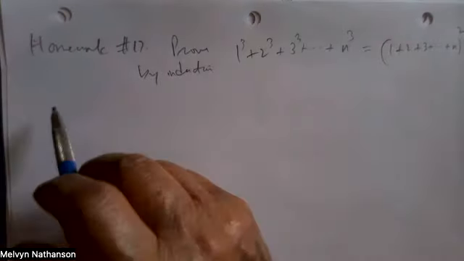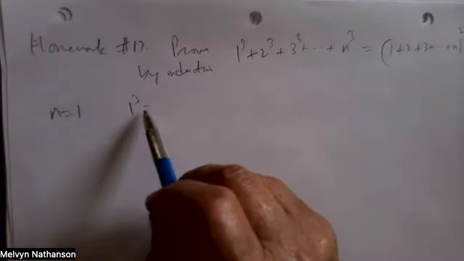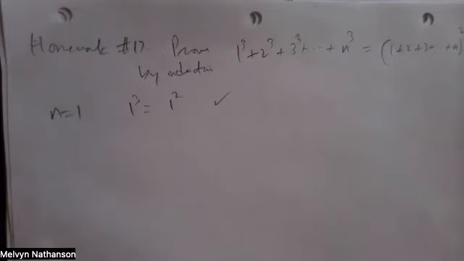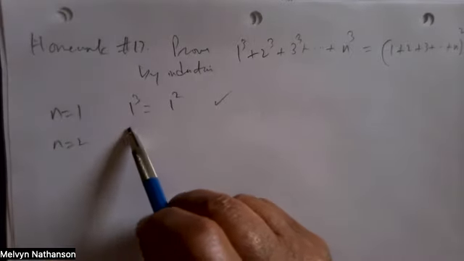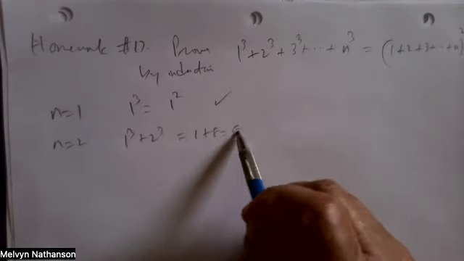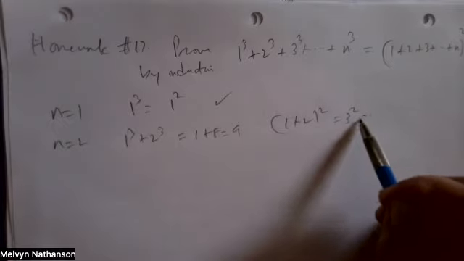So, of course, if you look at the case n equal 1, you just get 1 cubed is 1 squared. So that's true. And if you want more psychological reassurance, if you look at the case n equal 2, 1 cubed plus 2 cubed is 1 plus 8 is 9. And 1 plus 2 squared is 3 squared is 9.